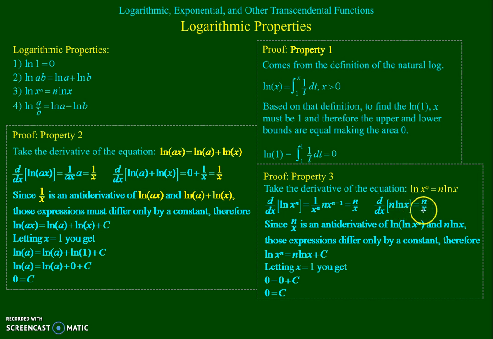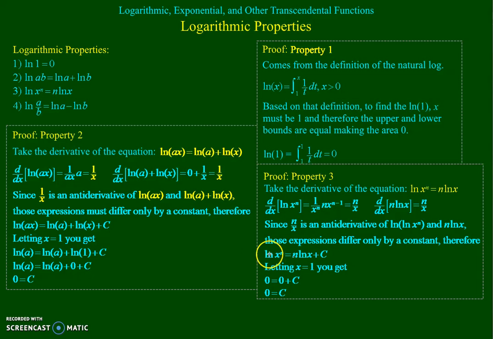That is 1 over x times the derivative of x, which is just 1, and again we have n over x. So here we see that n over x is an antiderivative of both n ln of x and ln of x to the n. So these two expressions must be identical except for the constant of integration. So ln of x to the n is equal to n ln of x plus c.